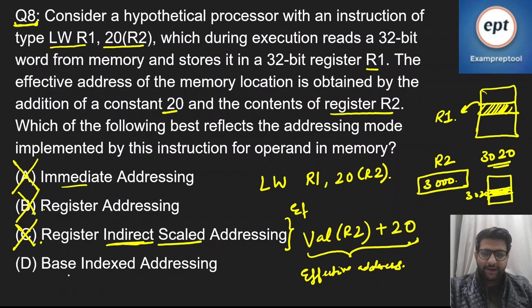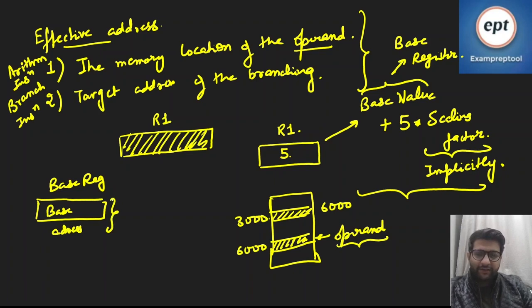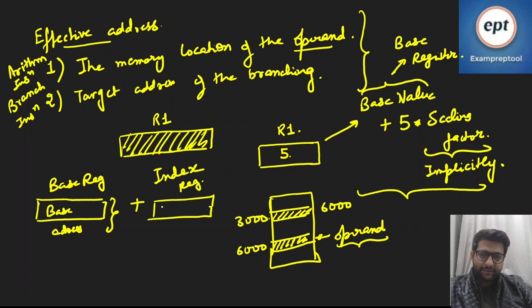The fourth option is base indexed addressing. This is correct, because in base indexed addressing we have a base register which stores the base address, or we can have the base address in the instruction itself, and then an index register which stores the index.